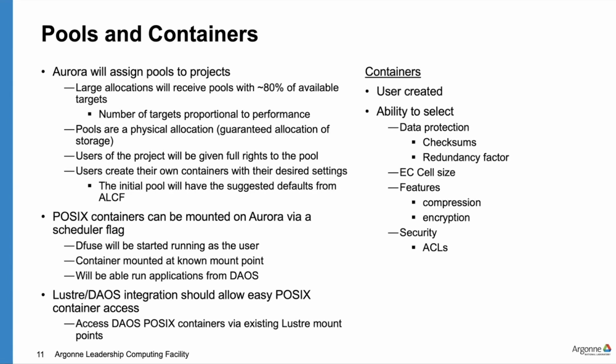It doesn't contain core data that you use for analysis. Once the simulation's done, it's discarded, you never restart from it. So it's temporary. You could use no data protection, because if the simulation crashes, you don't need this data anyway, and then get slightly more performance. So you'll have that freedom to configure containers within your pool.